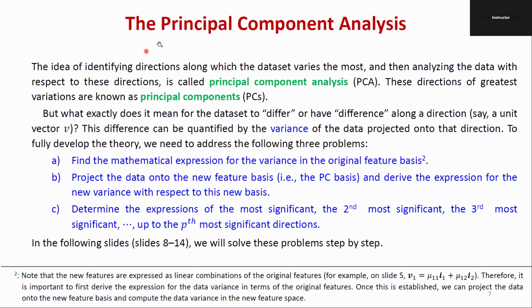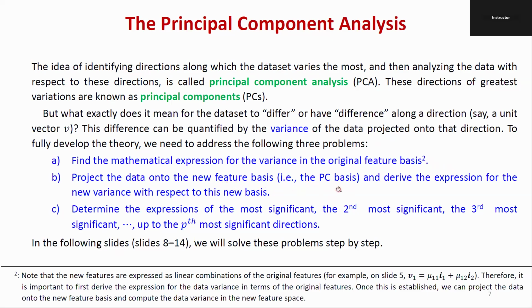However, to formally build the models for principal component analysis, we need to address the following three problems. First of all, I need to find the mathematical expression for the variation in the original feature basis. This is actually super simple. The second thing is that we will find along which direction the data set varies the most, so I will have the new basis, which is called the PC basis.